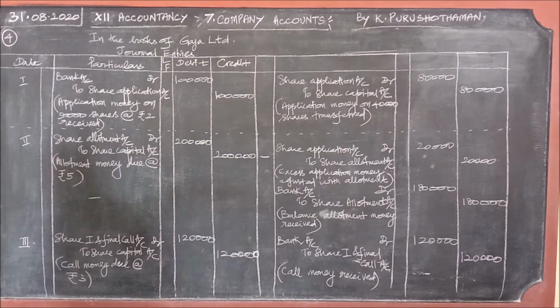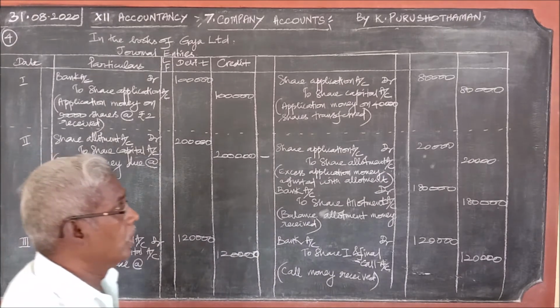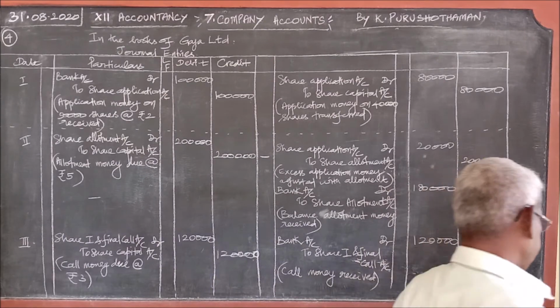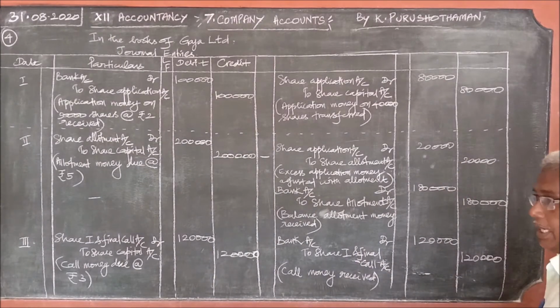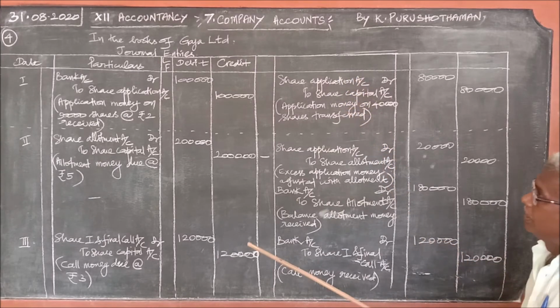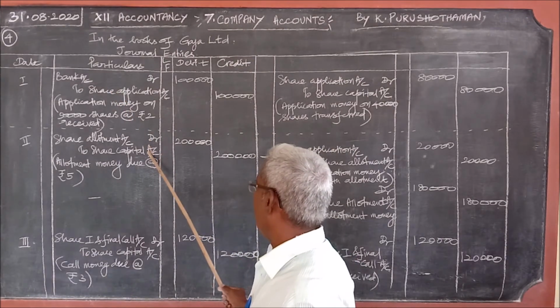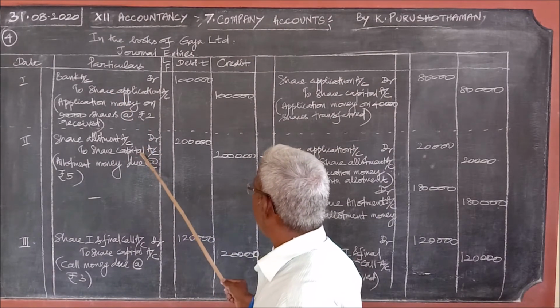I know some of you may not understand why the entries are different, so once again I repeat. Here, when I am writing the credit items, I simply wrote share application account, share allotment account, share capital account.